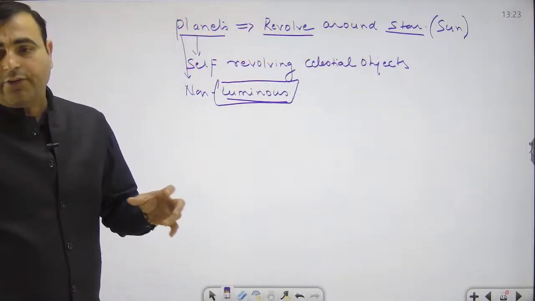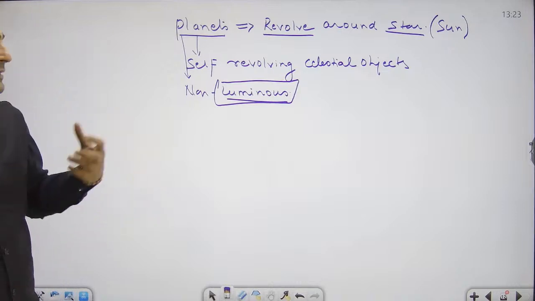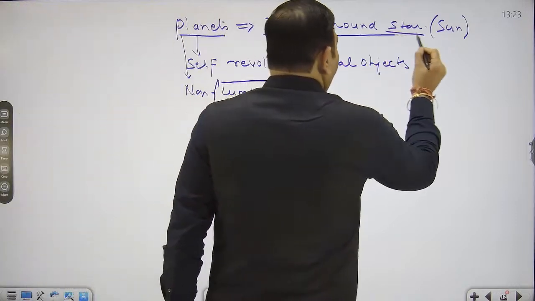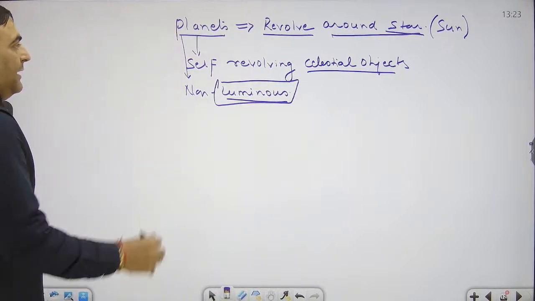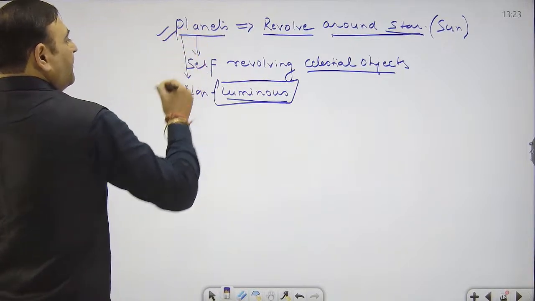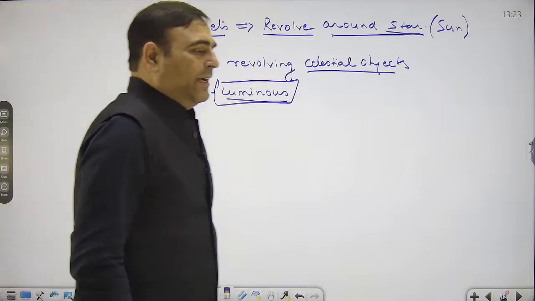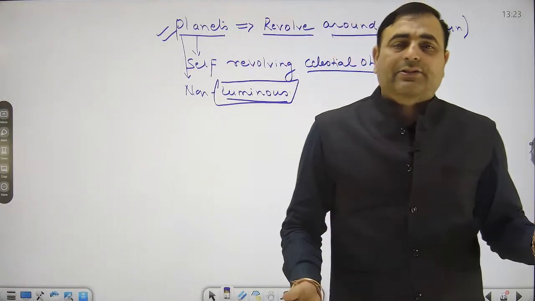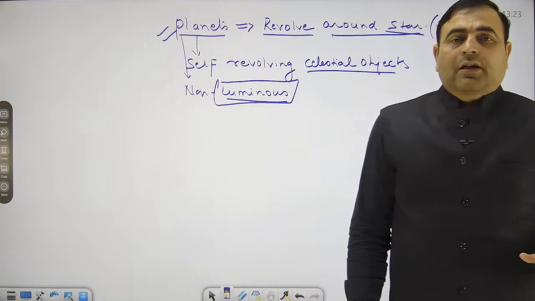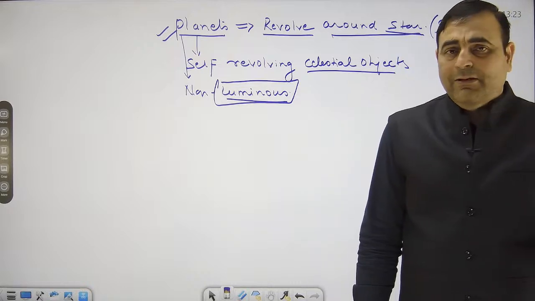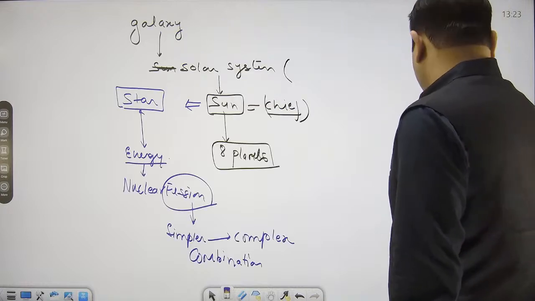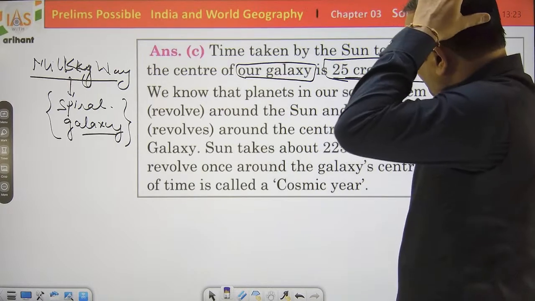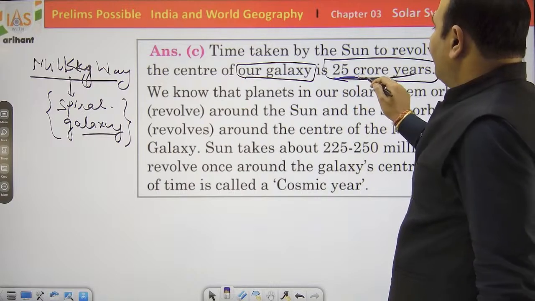They are the celestial bodies, the heavenly bodies, the planets. There are various kinds of planets: terrestrial planets, non-terrestrial planets. Am I clear, everyone? So, it will take 25 crore years.